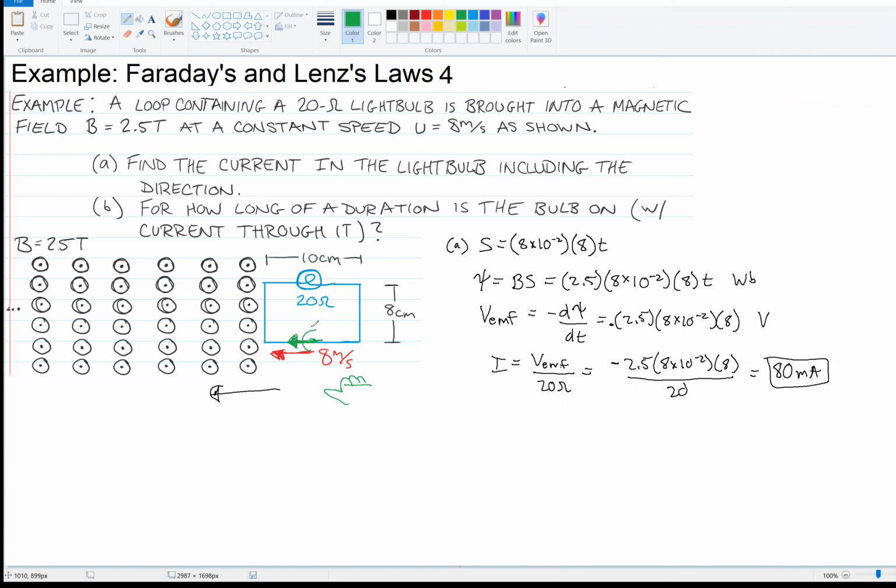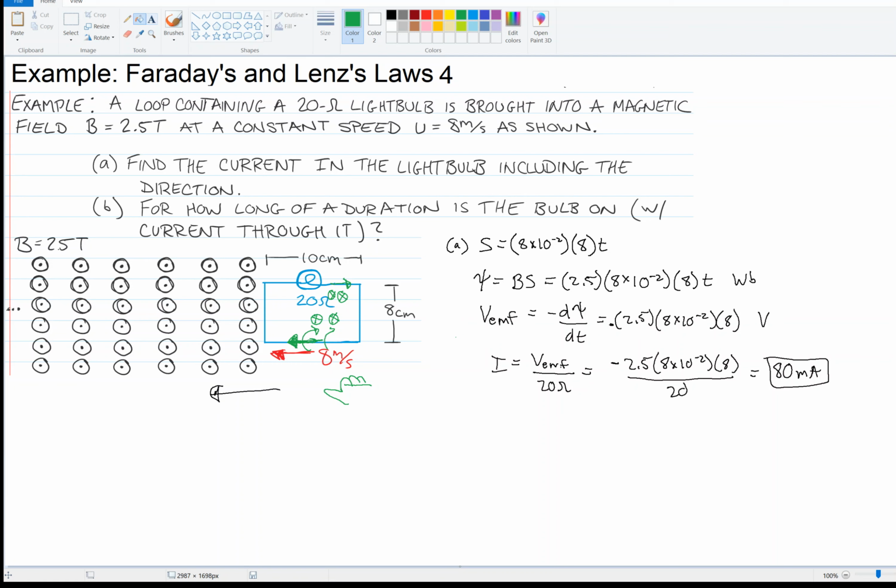Your fingers swing around this way, and inside the loop then you have magnetic flux that points down, right? And when you go this way, you can convince yourself again you still have magnetic flux that points down. And so that's the correct direction, clockwise, around this loop, because the clockwise current produces magnetic flux that goes into the page, which counters the additional flux that's coming out of the page.